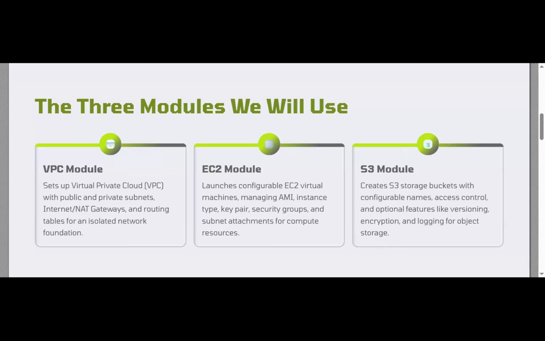Before creating EC2, we must create the VPC. In the lines actually, how many fields are there? In main.tf: AMI, instance type, subnet ID. Three are there. In outputs.tf: public IP, instance type. In variables.tf: AMI value, instance type value, subnet ID value.